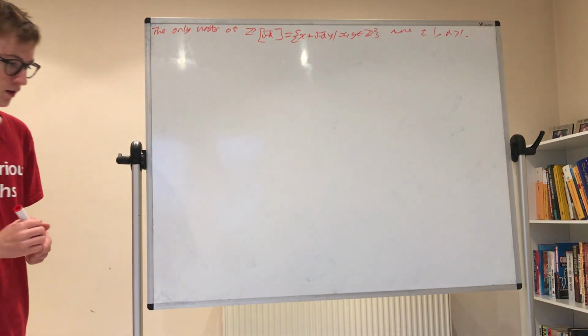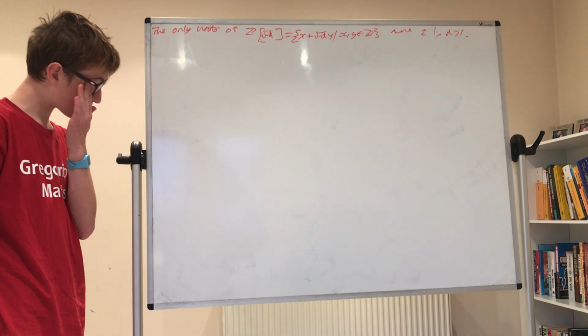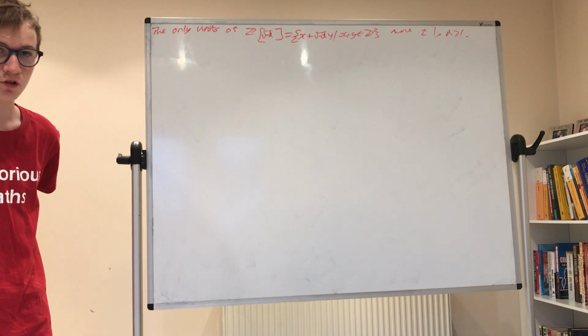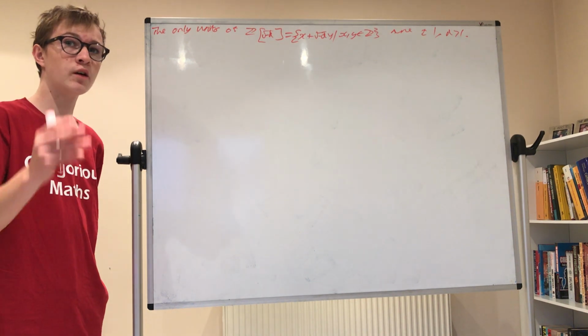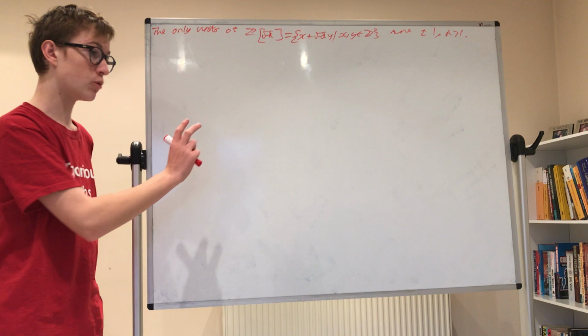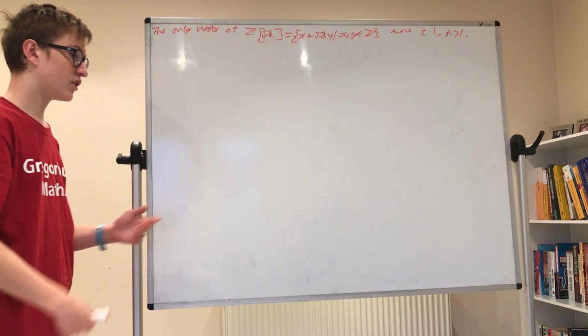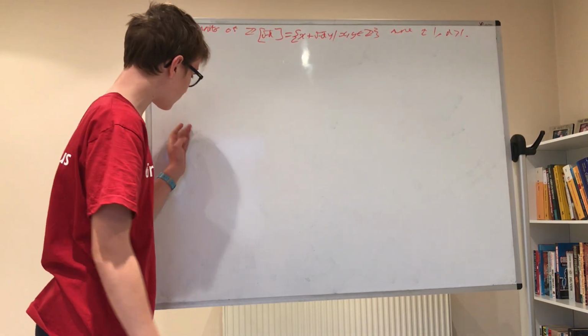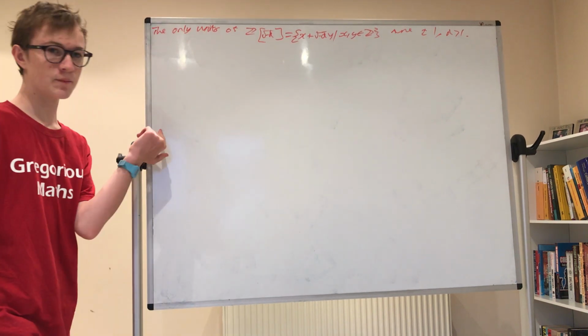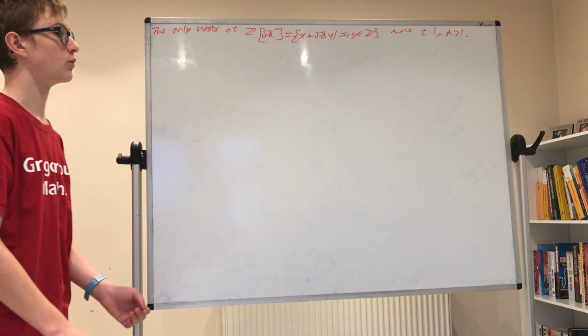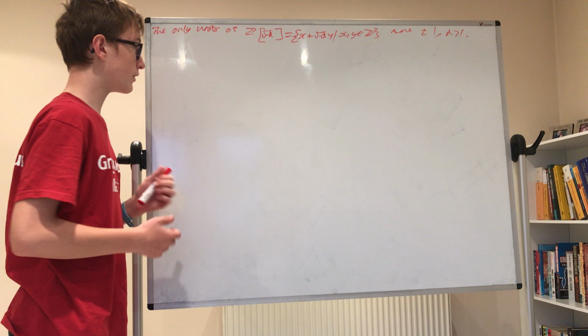Alright, so the way to do this in commutative algebra usually is you give the ring a norm, and then you show that an element can only be a unit if and only if its norm is 1. So how should we define the norm?